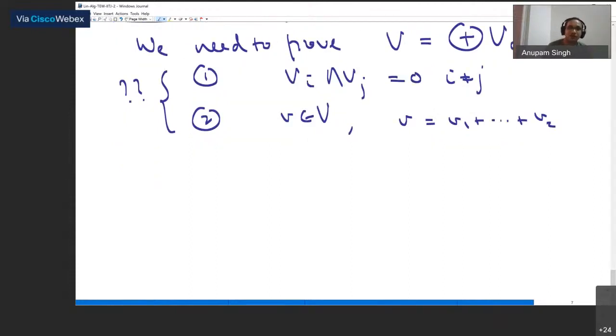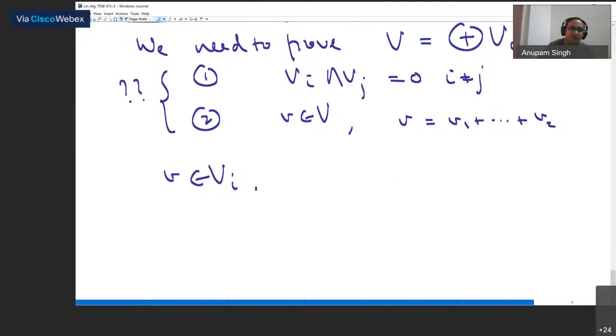So here is how we prove this. We want to prove that Vi intersection Vj is zero. So let's take a vector. No, I have to take it in the intersection, so I should take the same vector.